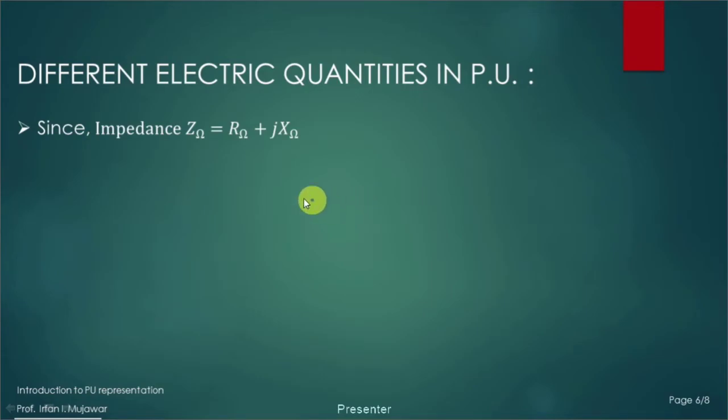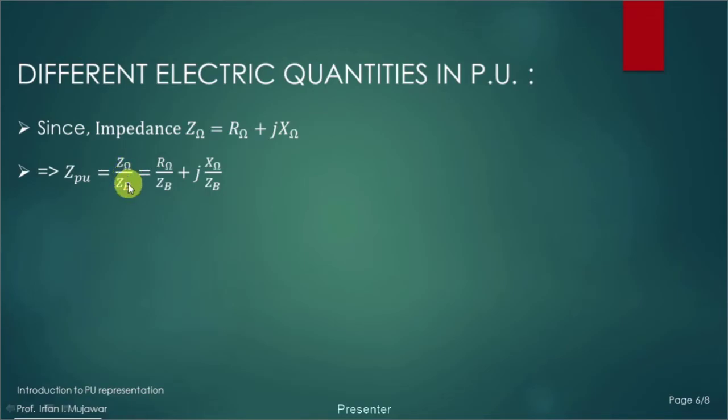We will see that. As we know, impedance Z is equal to R plus jX. Unit of R and X is ohm. Now how much will be the per unit impedance? To obtain per unit impedance, we have to divide Z actual by Z base.